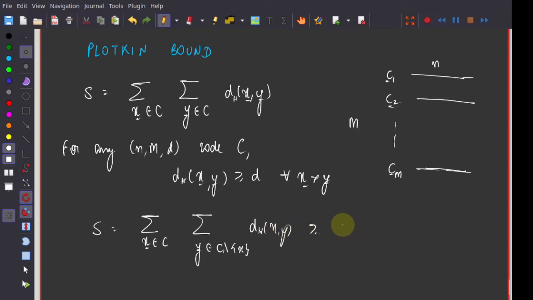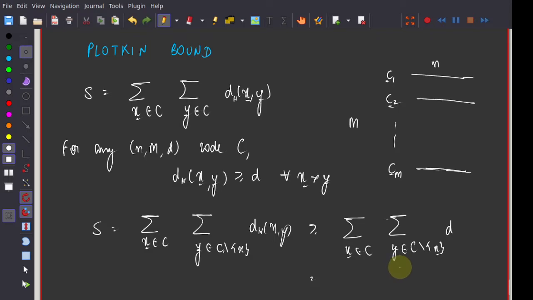Right? But this is greater than or equal to the sum over x, y not equal to x of d. So this summation runs over how many elements?